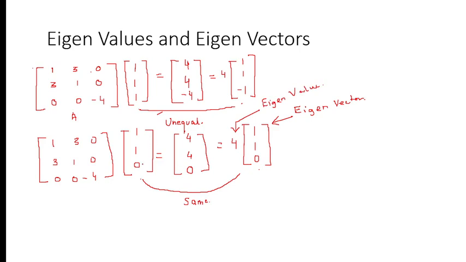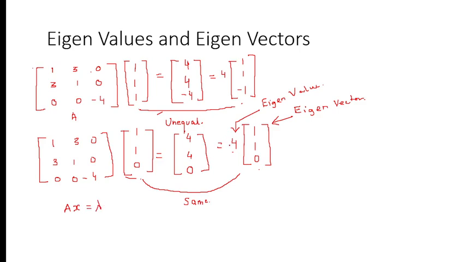So suppose this vector is X. Instead of a 3 cross 3 dimension, you can get the same value from a scalar quantity multiplied with X. So if you write it in a generalized way, with A as the matrix, A X equals lambda X, where lambda is the scalar quantity, the eigenvalue.